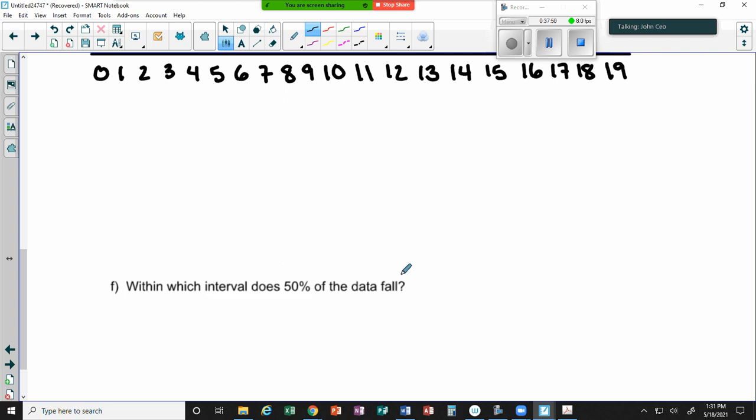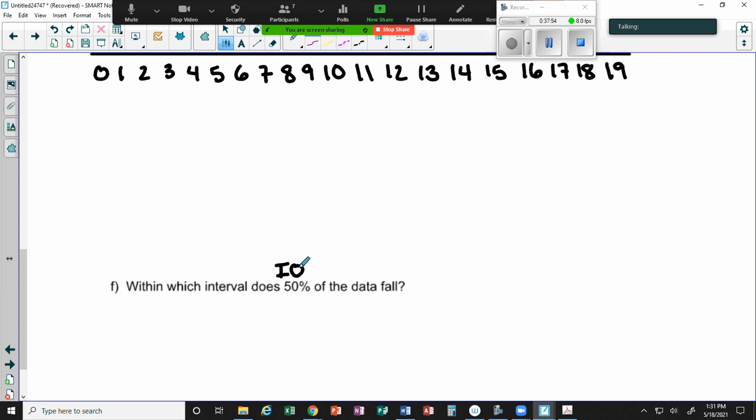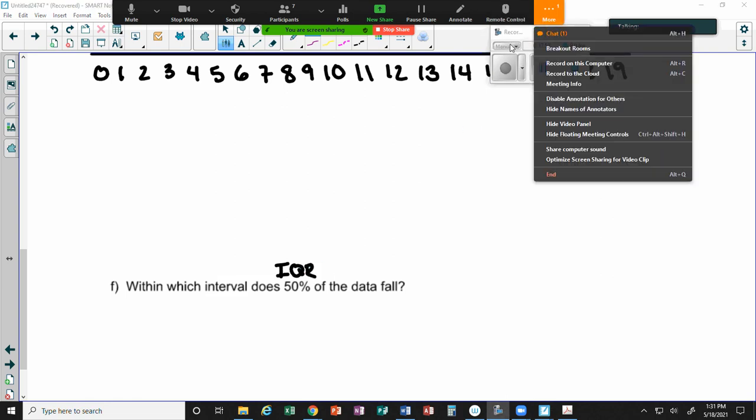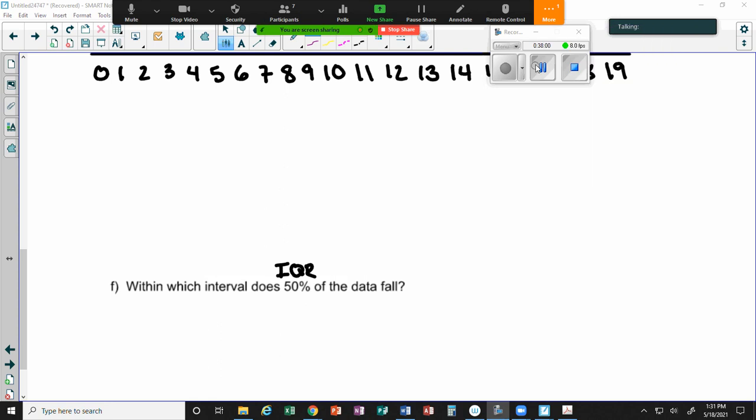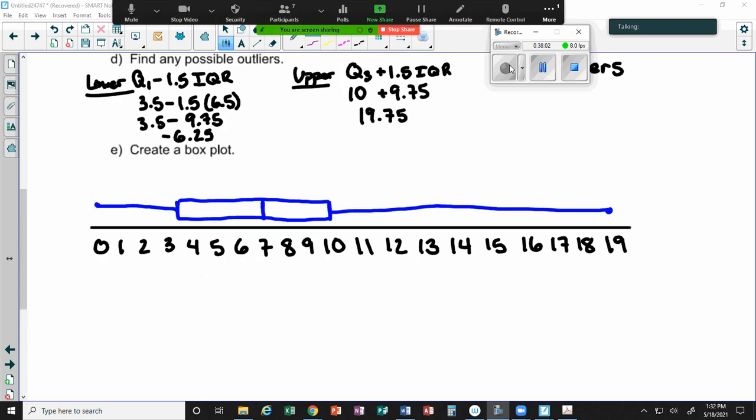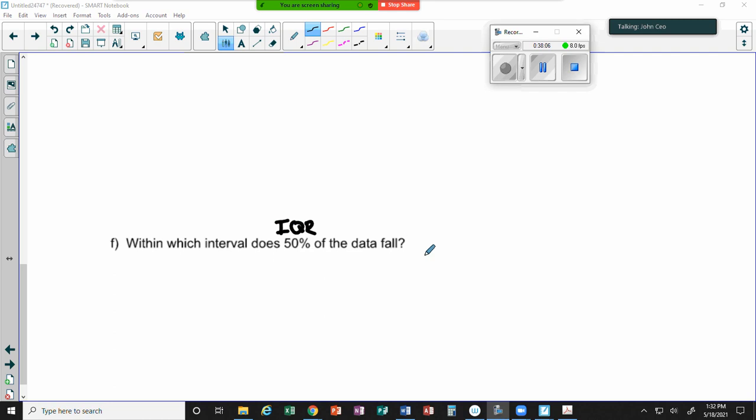Look back if you need it. Try IQR, so that's from what?